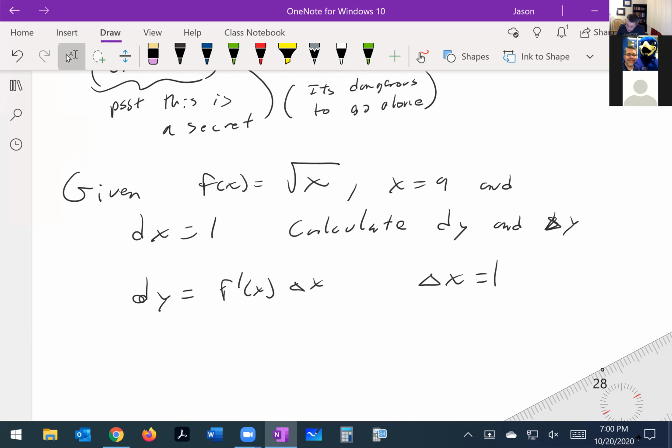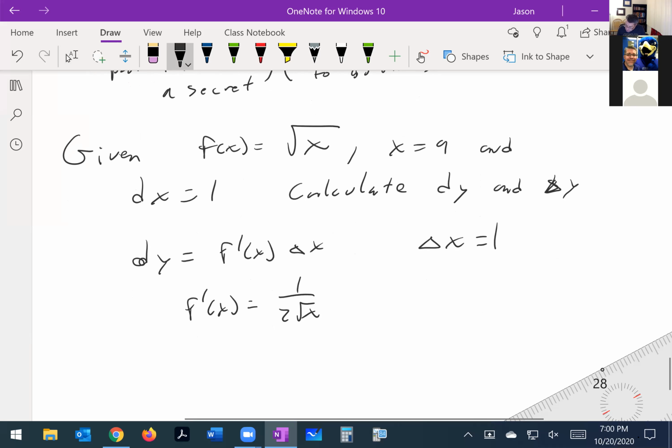Okay. What's f prime of x? Well, that's the derivative, right? So if f of x equals radical x, what's f prime of x? Isn't that 1 over 2 radical x? So what's dy here? dy is equal to f prime of x delta x. Well, what is x? x is 9. So this is going to be 1 over 2 radical 9 times delta x, which is 1.